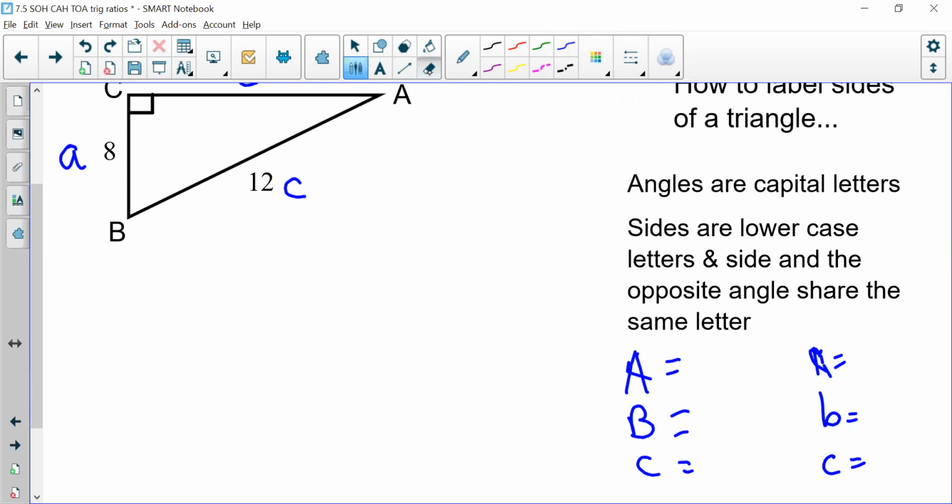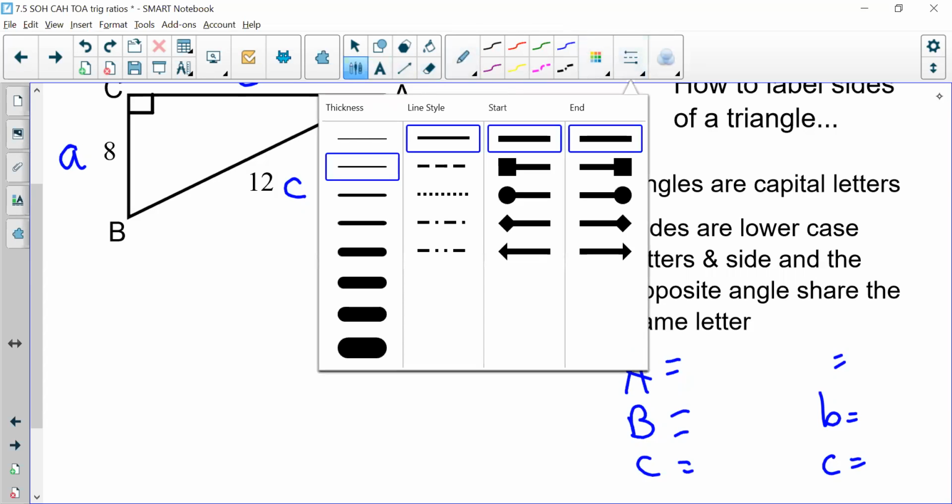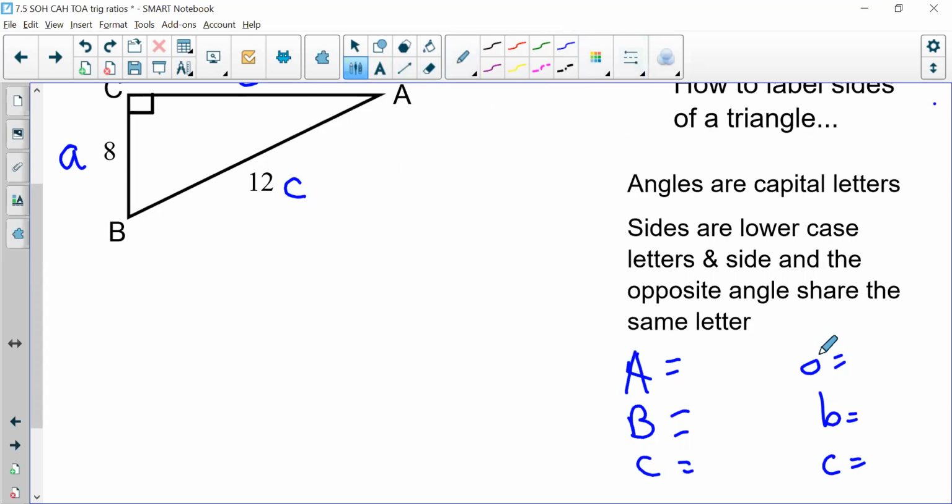What's given to me? Side A and C, and that angle C is 90 degrees. Wonderful. As you can see, I don't know angle A, I don't know angle B, and I don't know side B.